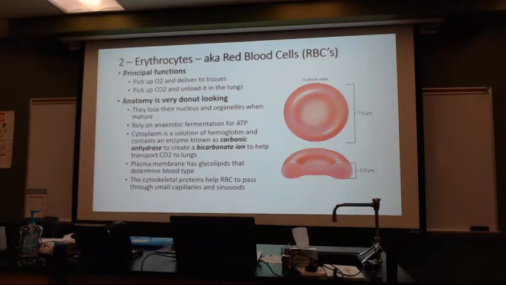Does anybody know what the protein is? The hemoglobin. There's my heme again. This is where it comes from, all right? Because the product of the red blood cell is that protein, hemoglobin.